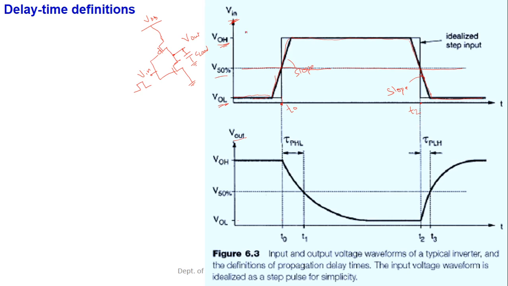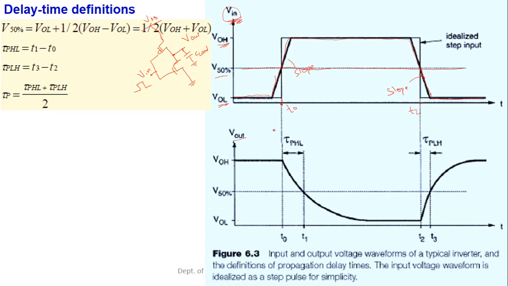This is for the input signal, the signal being provided at the input side. Now we know that the output should be plotted, and it should be the inverted version of the input signal, right?